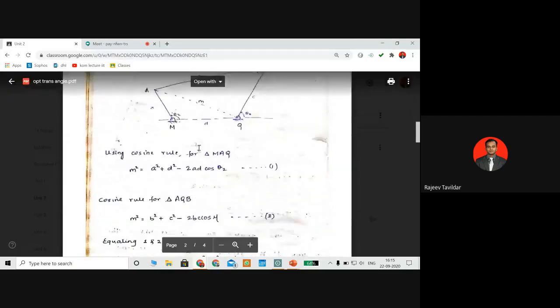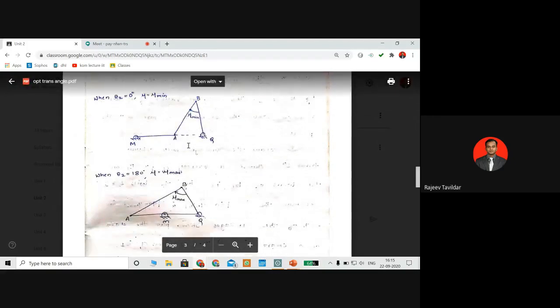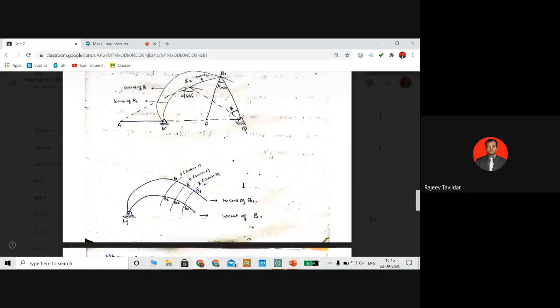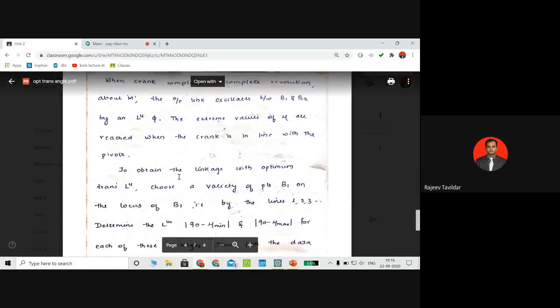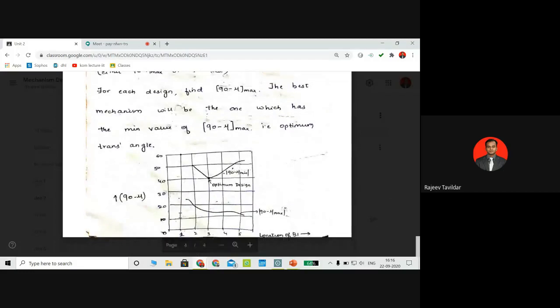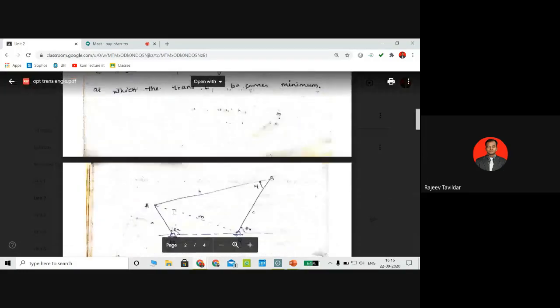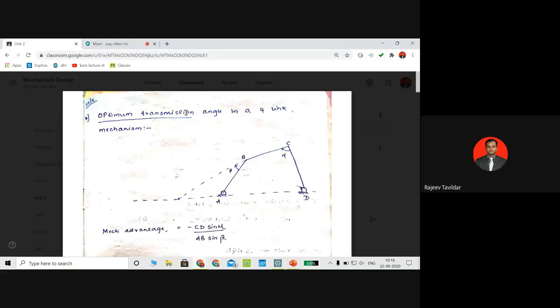Then in the next page we have this diagram, then the equation, then what is mu min, mu max, how it looks, what is the combination of these diagrams, how the locus is taking place, and the detailed explanation of the entire procedure. I've already written the detailed explanations and these notes have been posted, you can refer to them. So this entire thing has to be written as an answer when this question comes to describe the process of obtaining optimum transmission angle in a 4-bar mechanism.